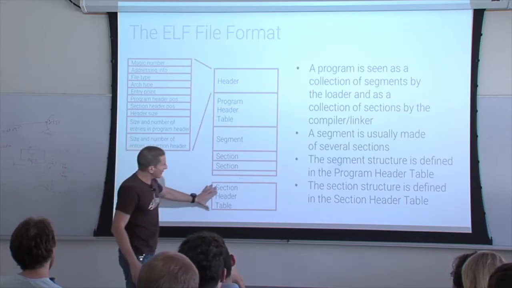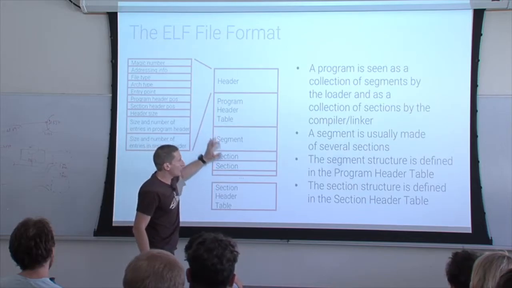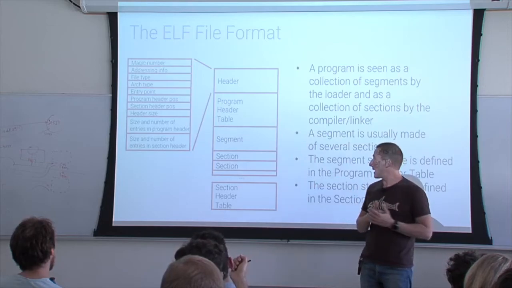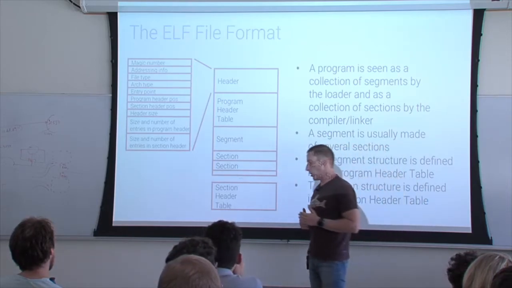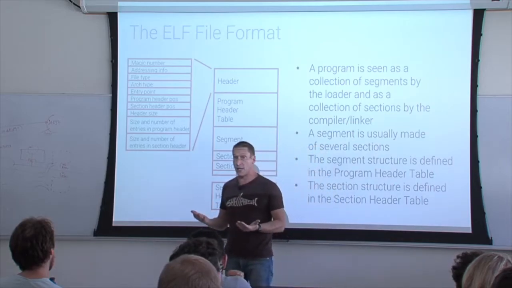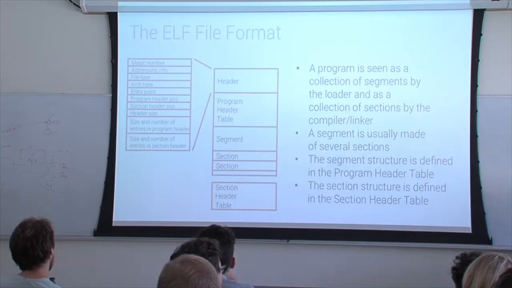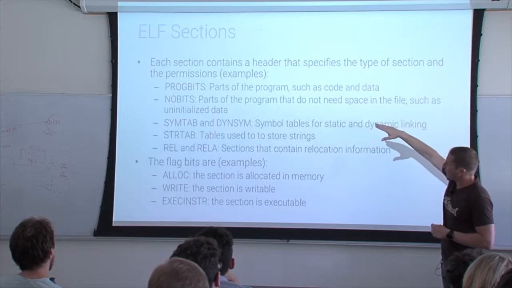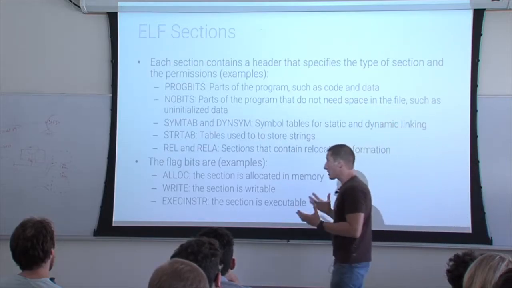And then the section header table defines sections within a certain segment, and each of these sections has, for example, specific rights or specific characteristics that tell you what's in a certain section and what the access is. In fact, each section has a header that specifies the permission and the type.